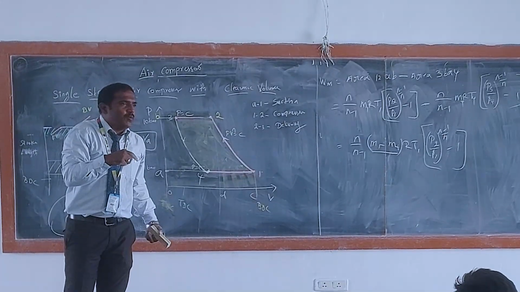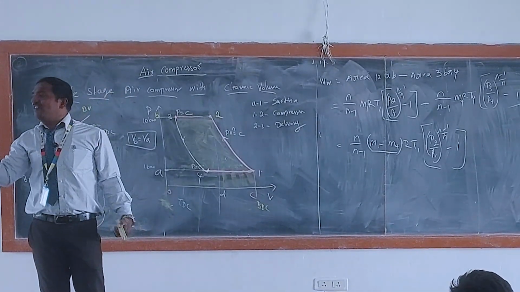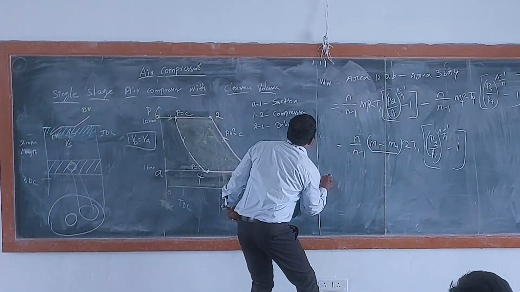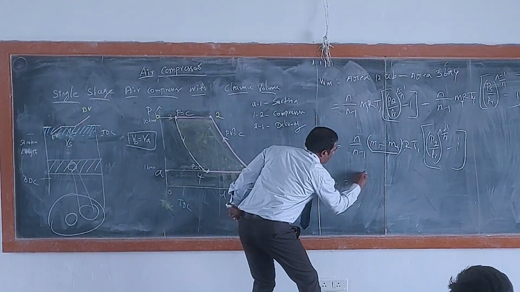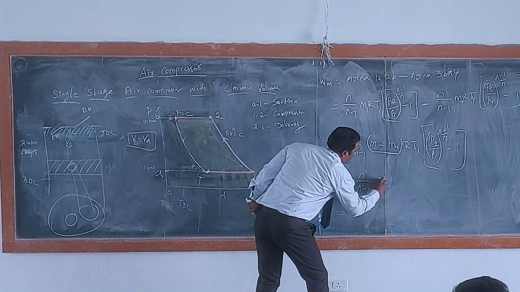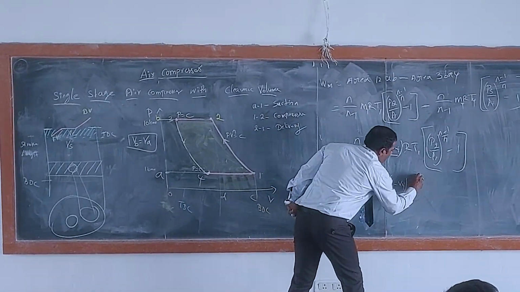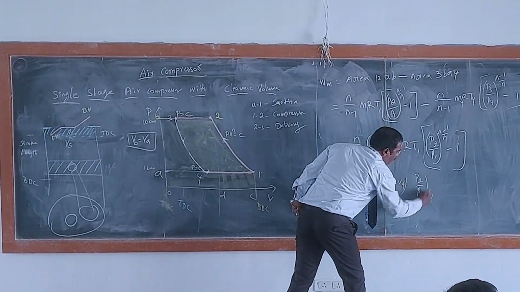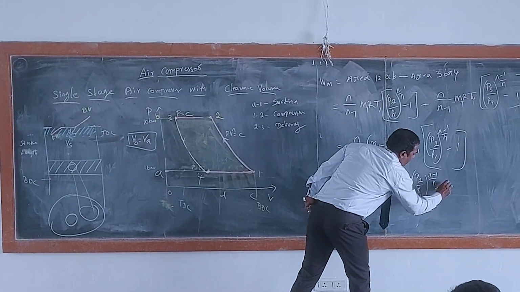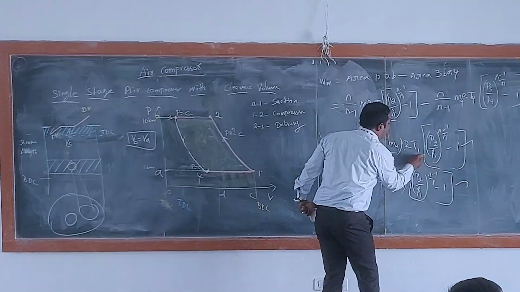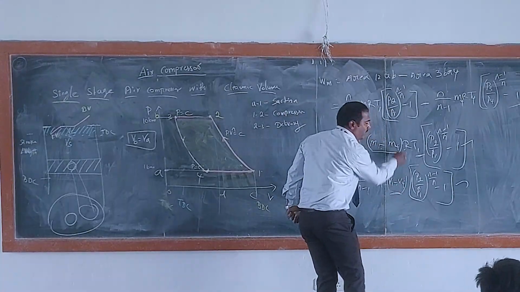Here we have m1 minus m4. The mass will vary. So here we have mRT. You write the same equation in terms of volume: n by n minus 1, P times V1 minus V4, P2 by P1 whole power n minus 1 by n. Both equations can be used. If you know temperature, use this. If you know volume, use this.